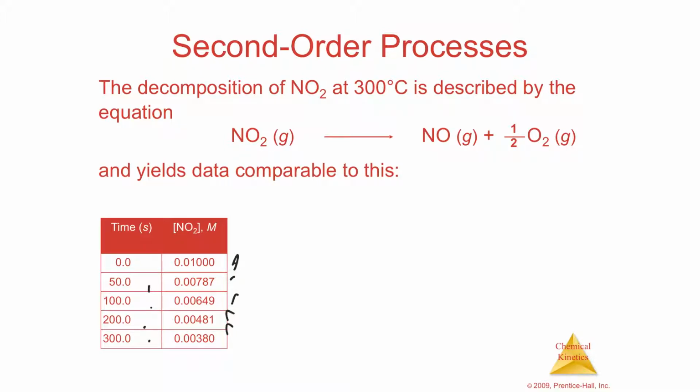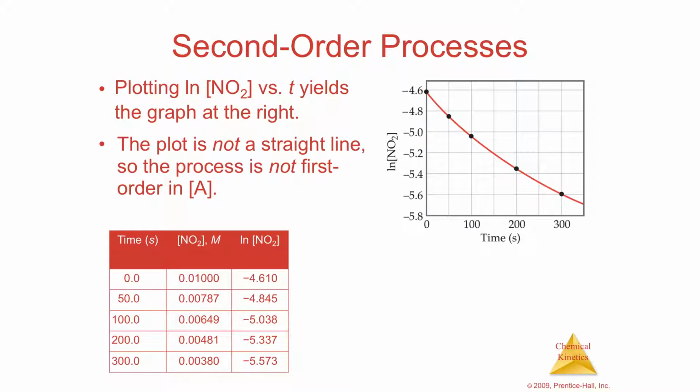If you plot the natural log of the concentration per time, and if it's a straight line, then it's a first order reaction. So let's find out what the natural log of these concentrations are. All you do is put this 0.01 in the calculator, push the ln button, and that's the natural log of it.